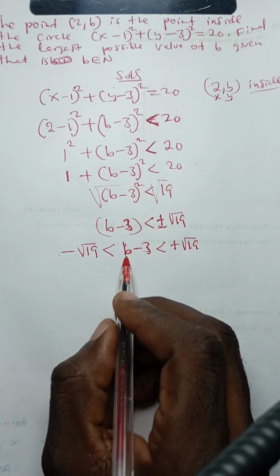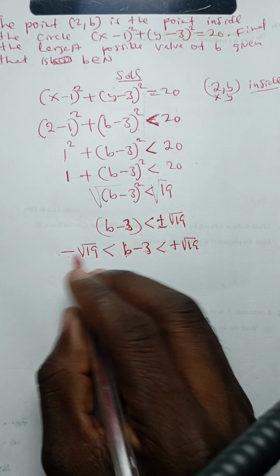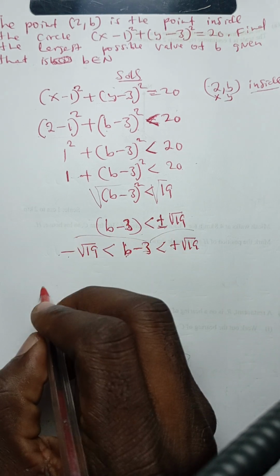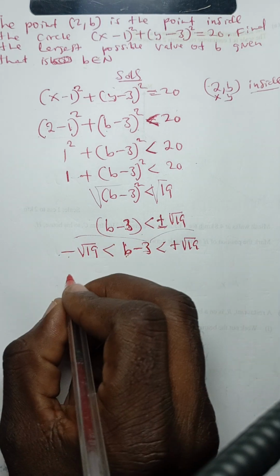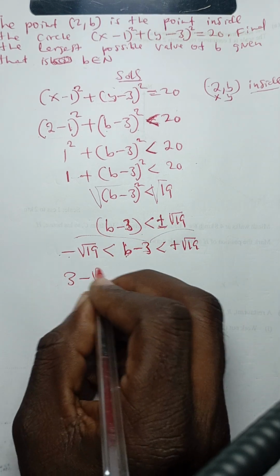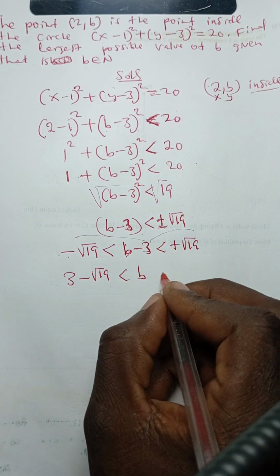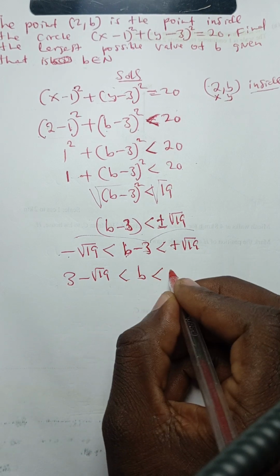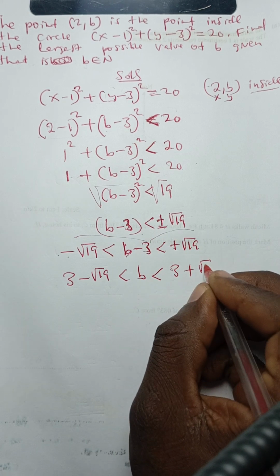Now, to find b, we simply add 3 to both sides. The negative 3 goes away, so we have 3 − root 19 less than b less than 3 + root 19.